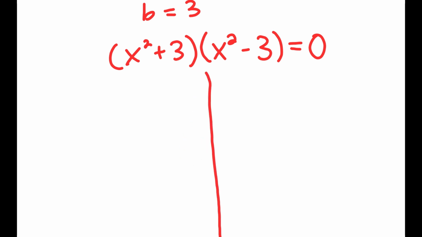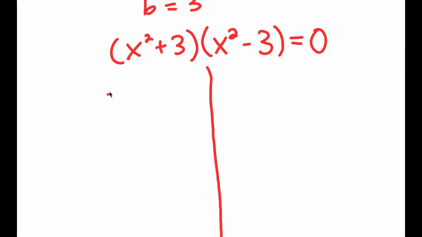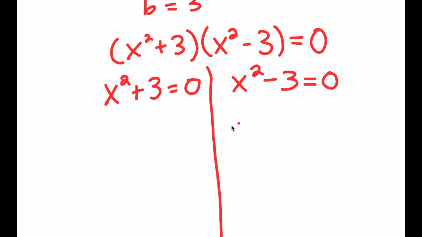So now this is going to give me two equations. I get x squared plus 3 is equal to 0, and I get x squared minus 3 is equal to 0. So for x squared plus 3 equals 0, I can subtract 3 on both sides.